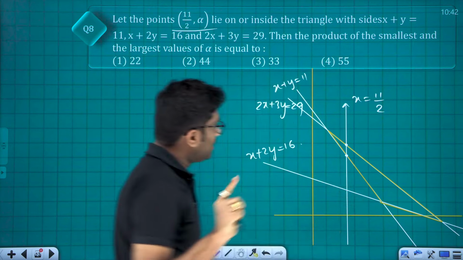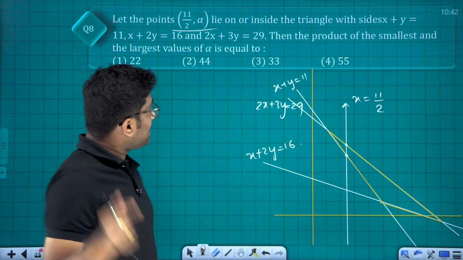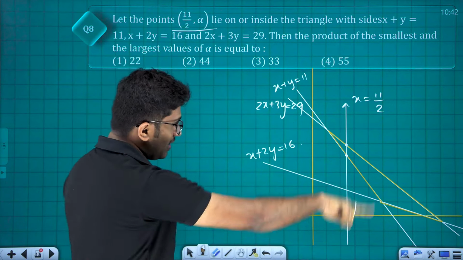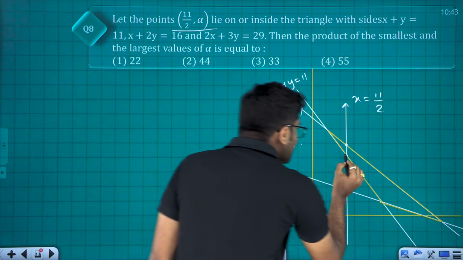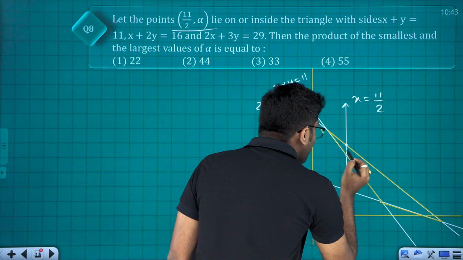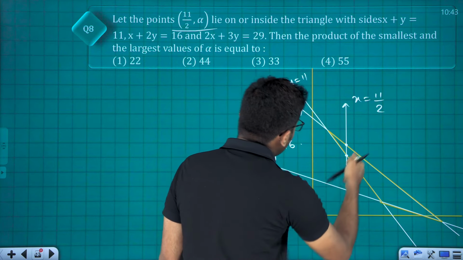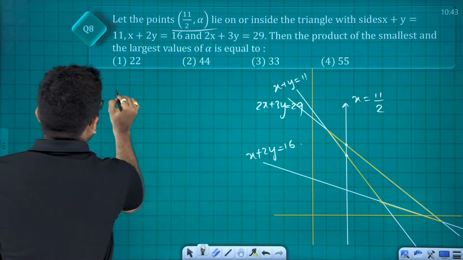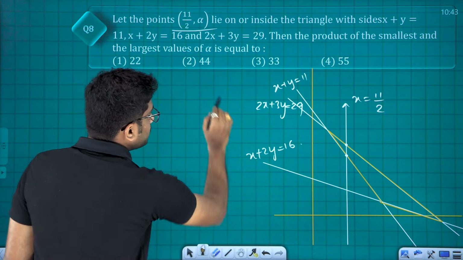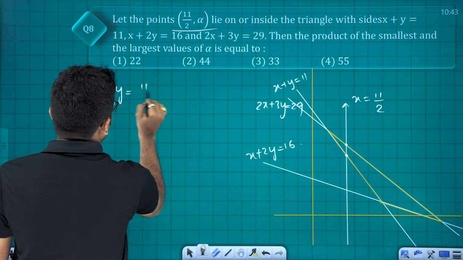Now they said that this point either lies inside or on the triangle which is formed by these 3 lines. So that means when you put x equals to 11 by 2 in this one, y is equals to 11 minus 11 by 2, which is 11 by 2.